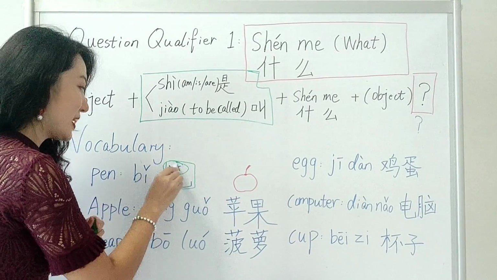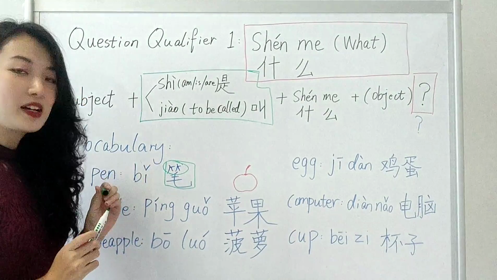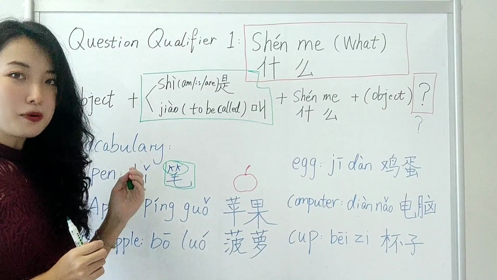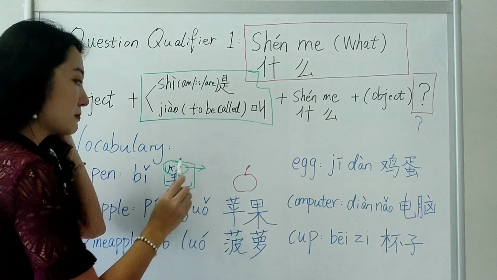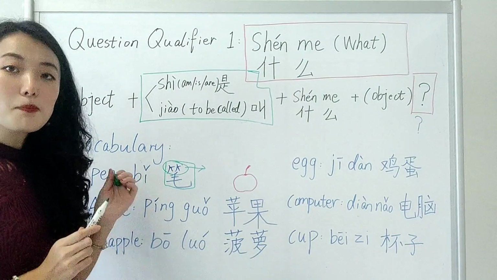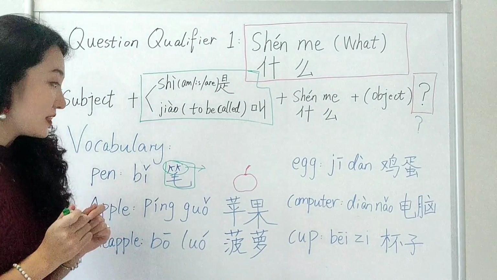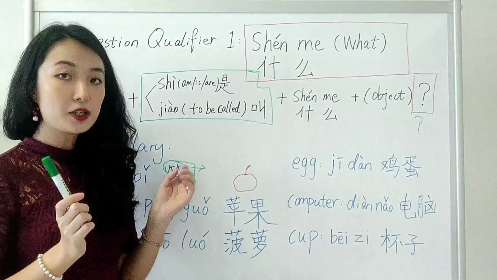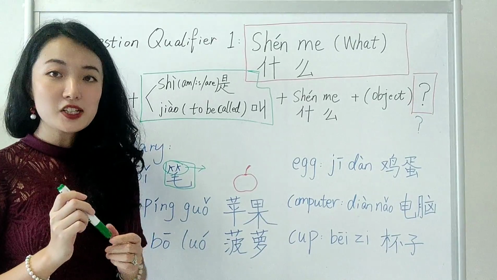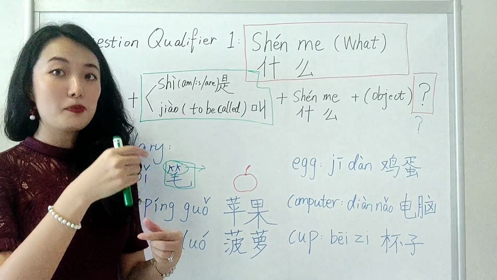Just to have a brief introduction, this character is of up and bottom structure, and the upper part is meaning driven. It means bamboo related. And the reason pen is with this upper radical is because the traditional Chinese pen is made of bamboo.